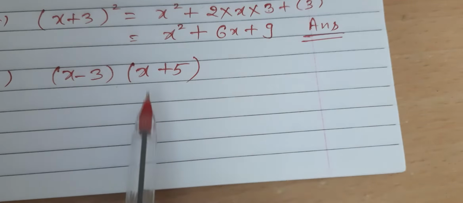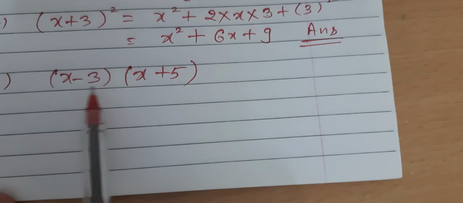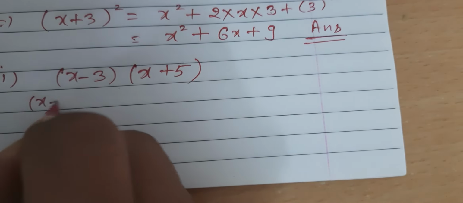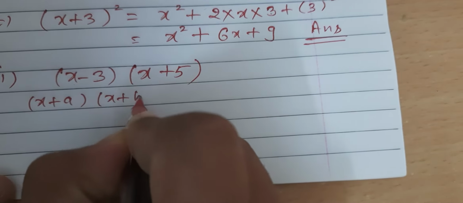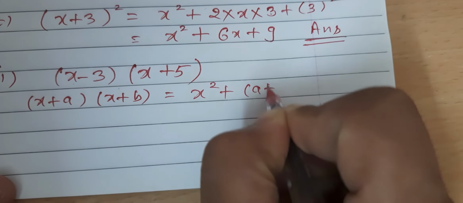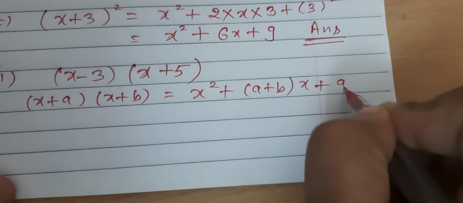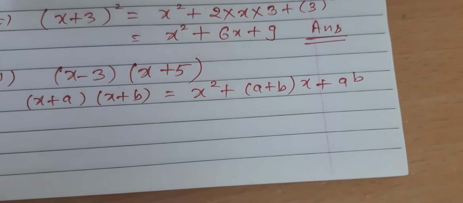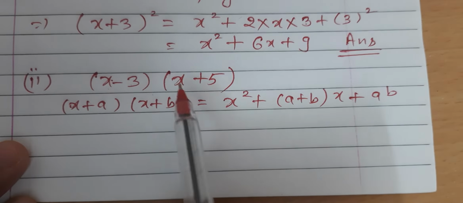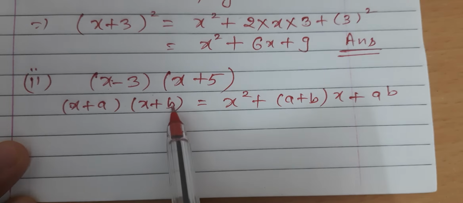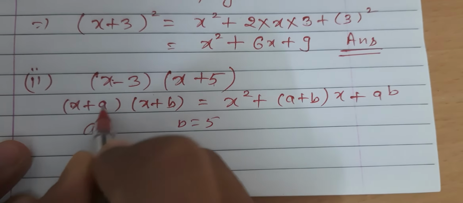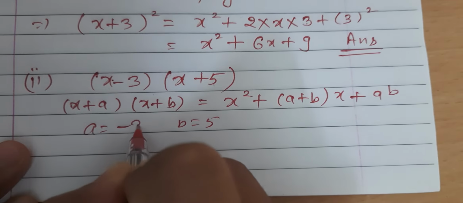When you observe this, you will find that it is the same as the fourth identity, which is (x plus a)(x plus b) equals x square plus (a plus b)x plus ab. Here at the place of x we have x, at the place of b we have 5, and at the place of a we have minus 3.